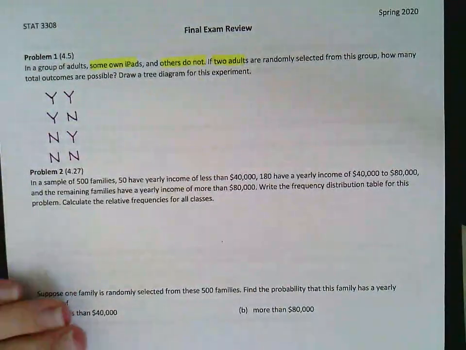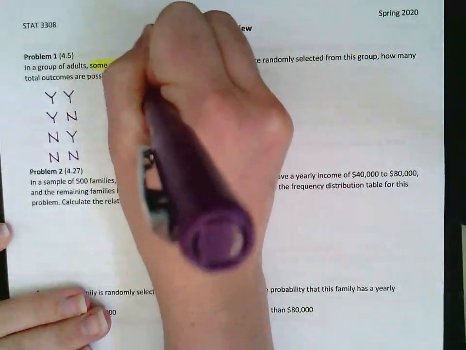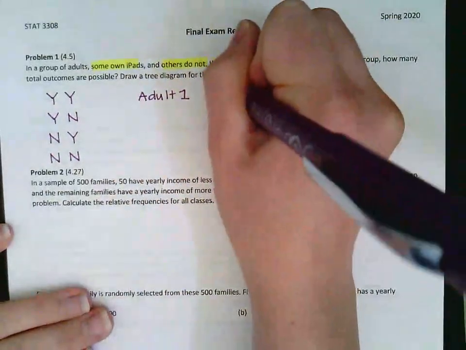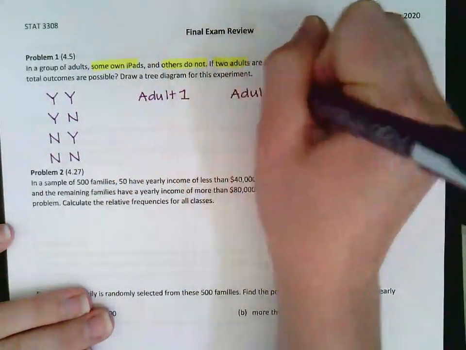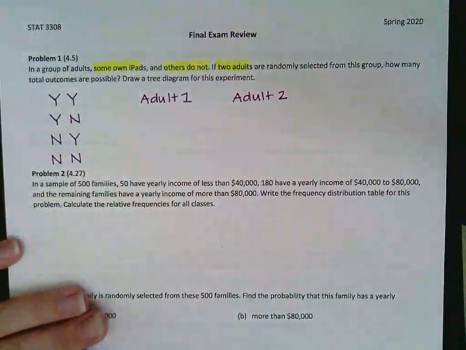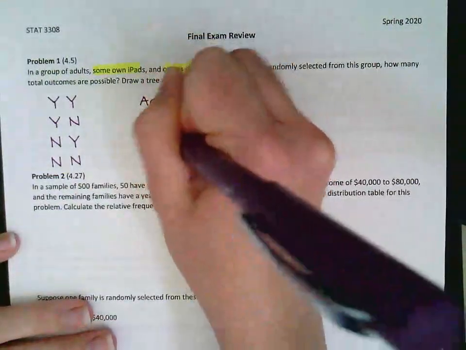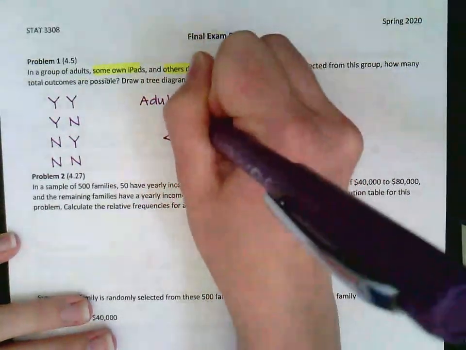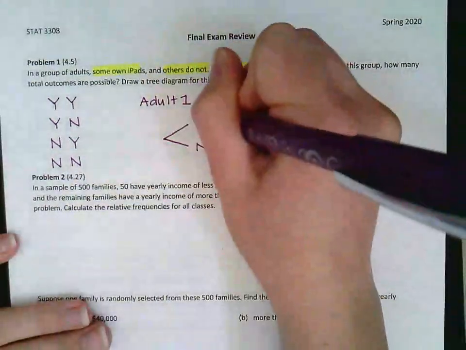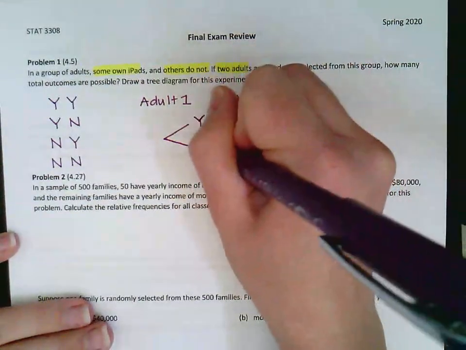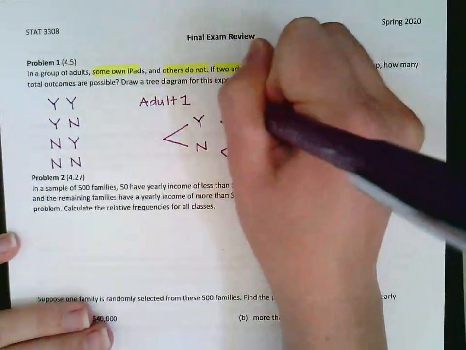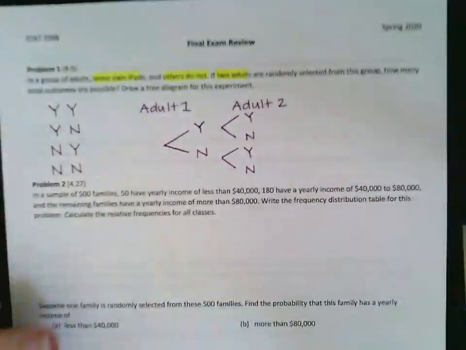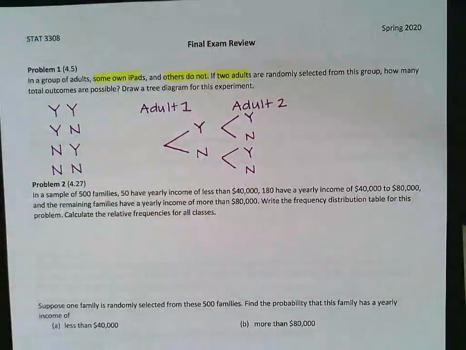So what a tree diagram would look like is adult 1 would be our first branch. Okay, and adult 2 would be our second branch. And our question is, do you own an iPad? So our first set of branches would be yes and then no. And then for our adult 2, our second set of branches would also be yes and no. And as you travel on these branches, you get these 4 outcomes here.